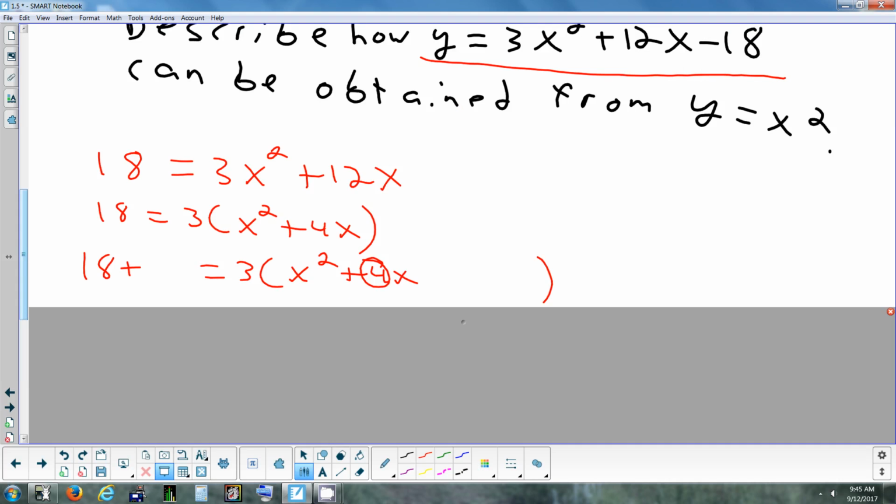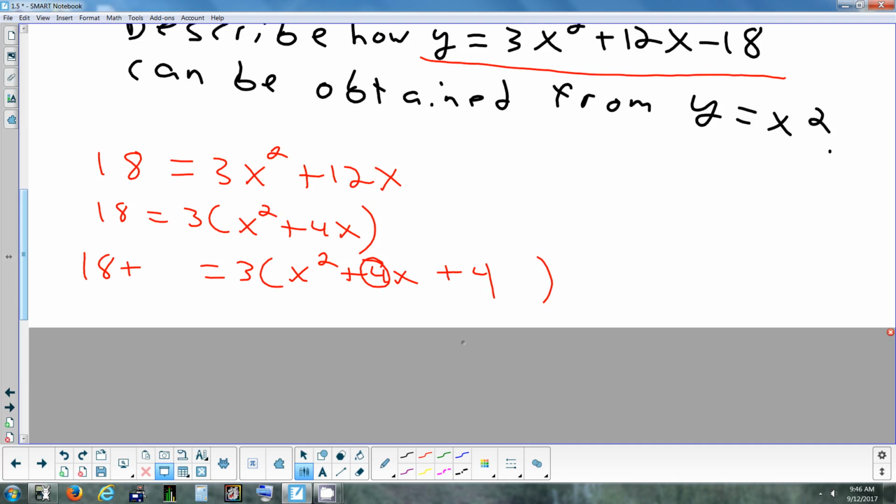So the first step is to take half of it, which gives me how much? 2. And then does anyone remember what you do with that? Yeah? You square it. So in this case, not much interesting happened, but you take half of 4, you get 2, and then you square it, and you get 4.